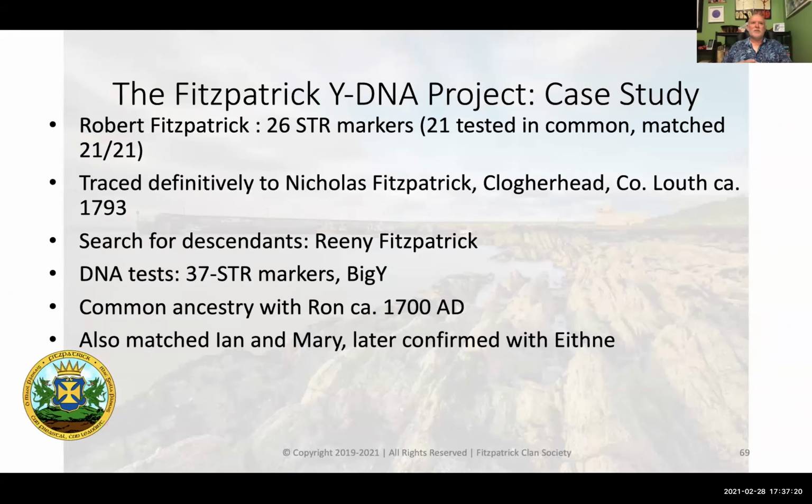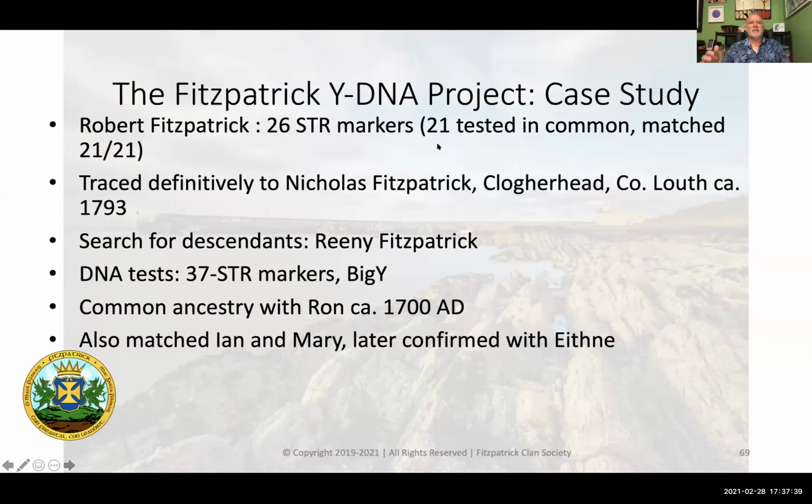What I began to do, though, when I became administrator of the Fitzpatrick Project, I began to review old data. And I found some markers for Robert Fitzpatrick that looked pretty similar to Ron's, but Robert sadly had passed away. And so I couldn't get him to upgrade his test.